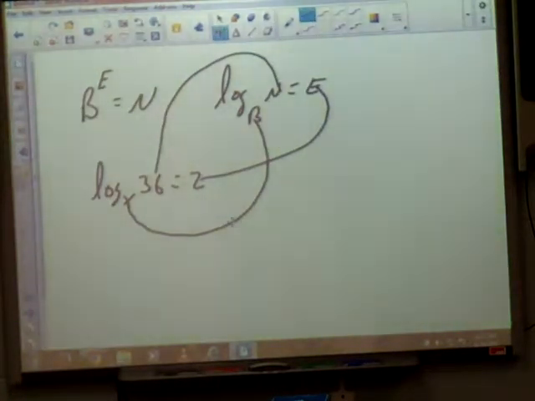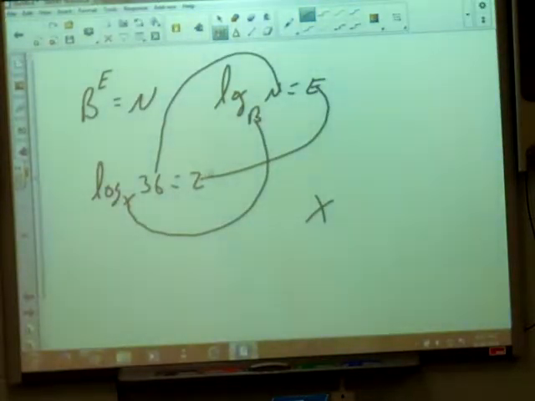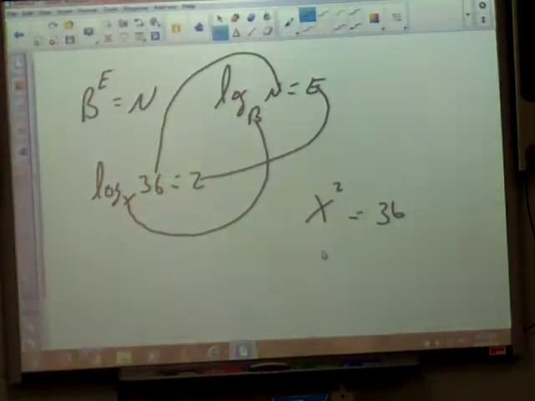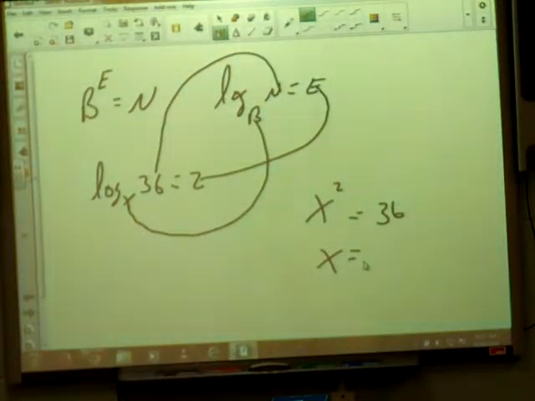So b is x, e is 2, and n is 36. So this says something squared equals 36. Well, how do I undo a squared? What squared equals 36? 6.